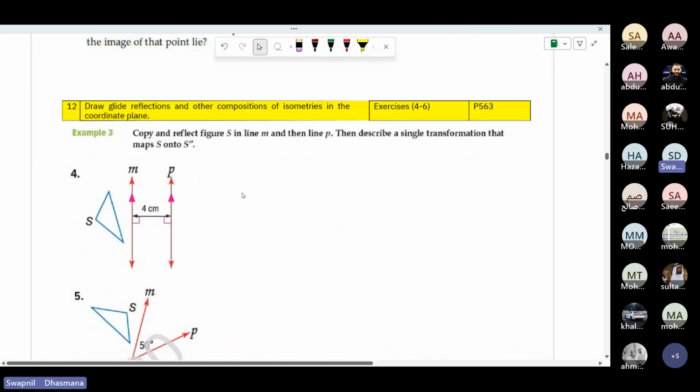Now, what is glide reflection? If you see this word, glide reflection means more than one change. So copy and reflect the figure S in line M, then line P. If I reflect it here, it will look like this.